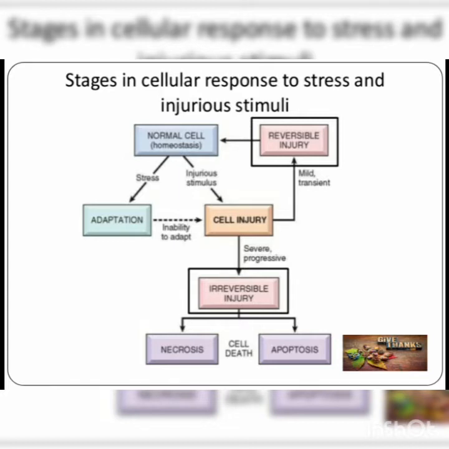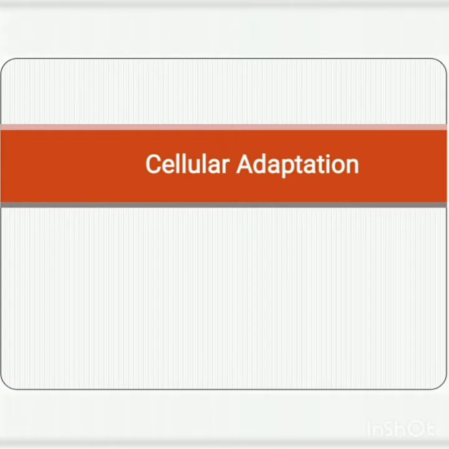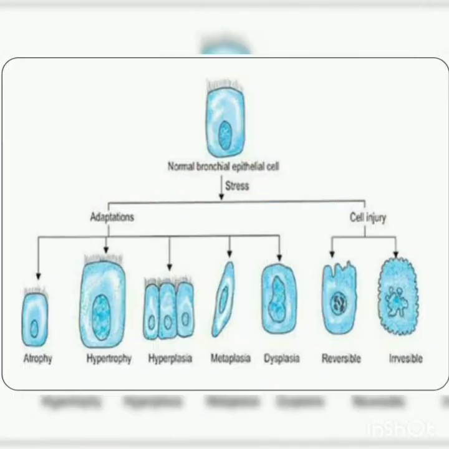And so, cellular adaptation refers to initial morphological and functional changes that a cell undergoes in response to adverse environmental changes. Adaptive responses thus endow the cell with the capacity to survive in their altered environment and possibly escape cell injury.